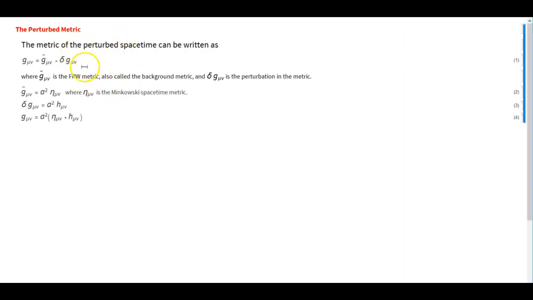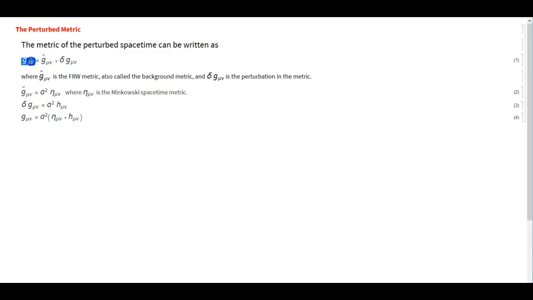The perturbed metric can be written as g mu nu is equal to g mu nu bar, which is the background value, plus delta g mu nu, the perturbation in the gauge in which we are studying g mu nu.